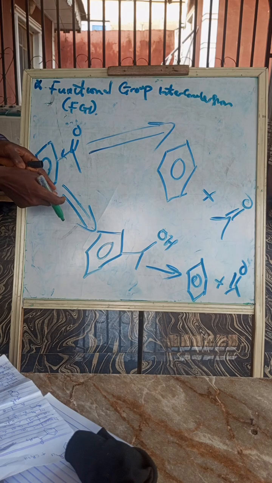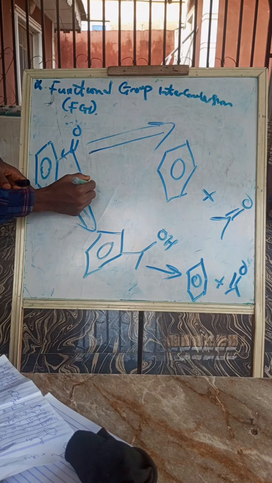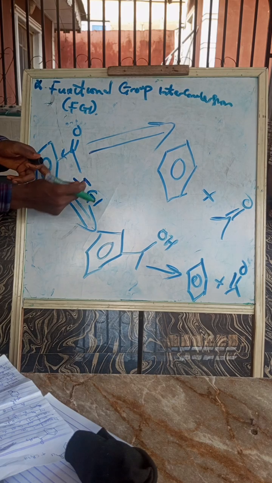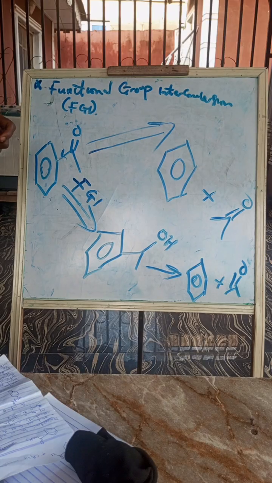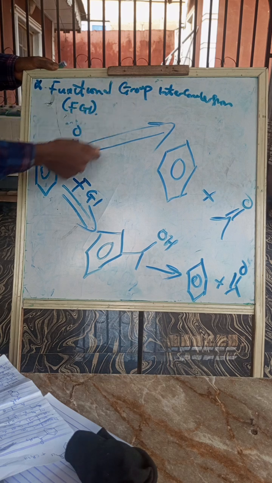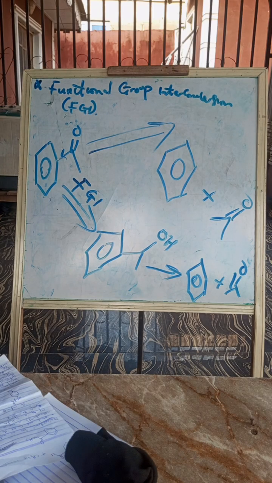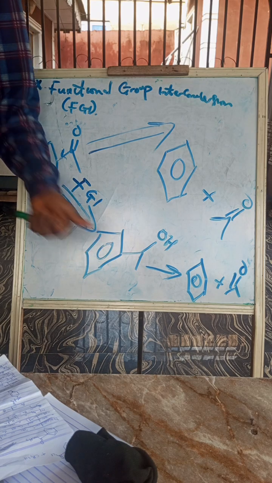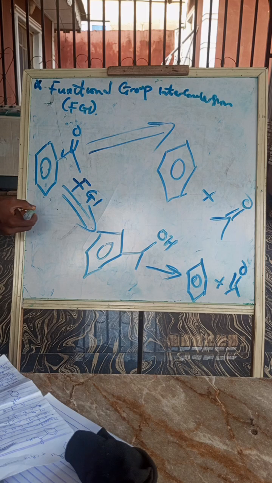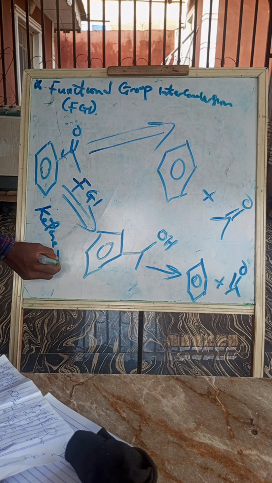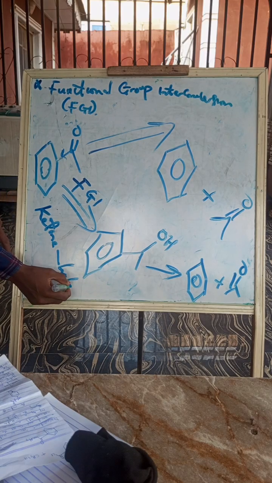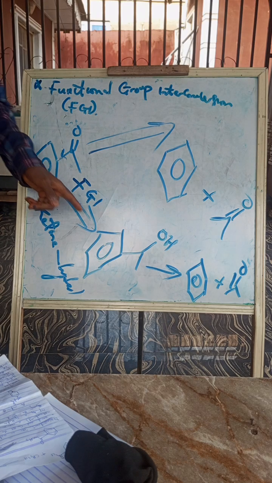In your retrosynthesis arrow, you put FGI on top of the arrow, to indicate you've successfully converted one functional group to another functional group. So we've converted from ketone to hydroxy. You place FGI on the arrow.